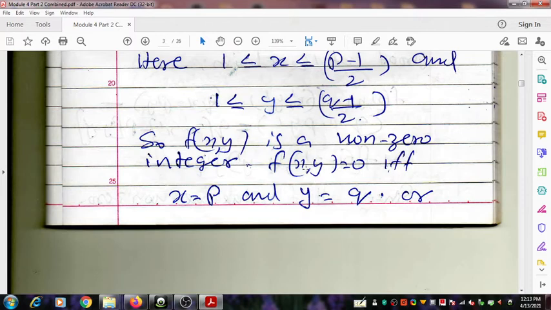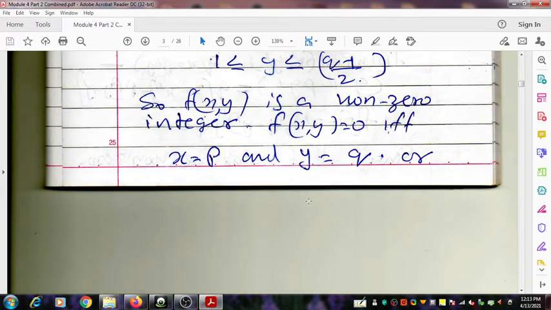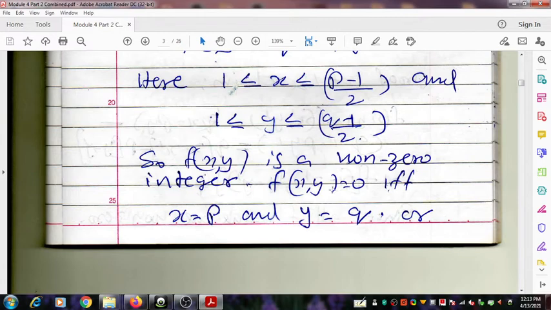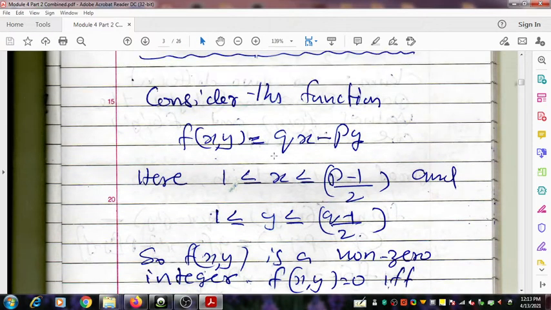Suppose f of xy equals 0. But f of xy equals 0 if and only if x equals p and y equals q. So assuming that f of xy equals 0, one situation in which you get 0 is that you take x equal to p and y equal to q.